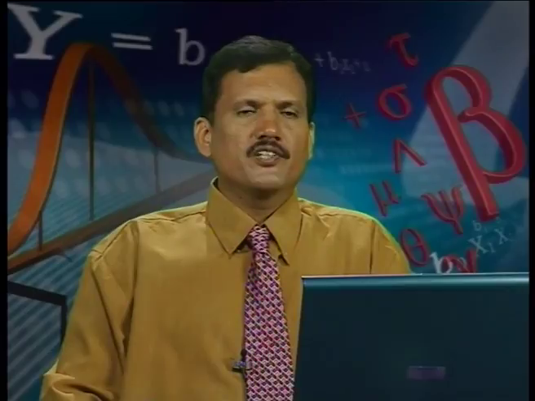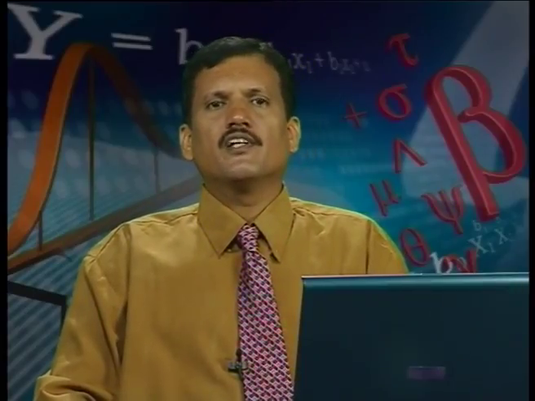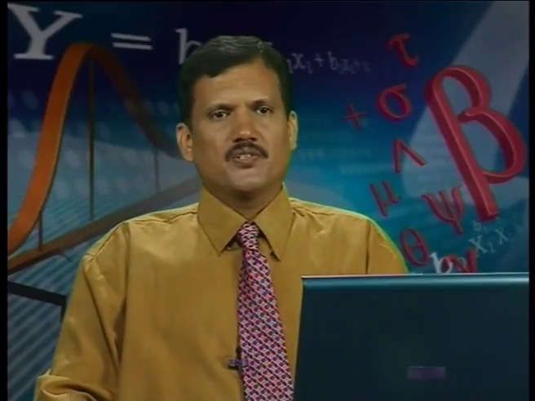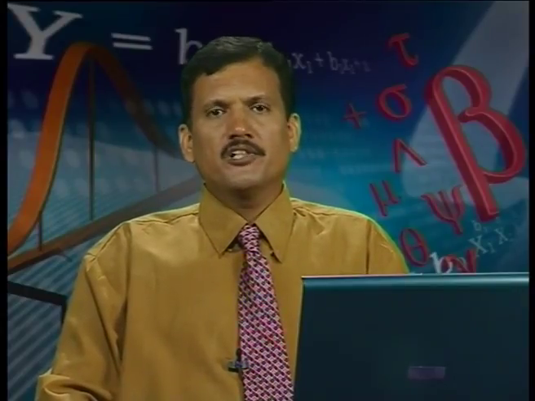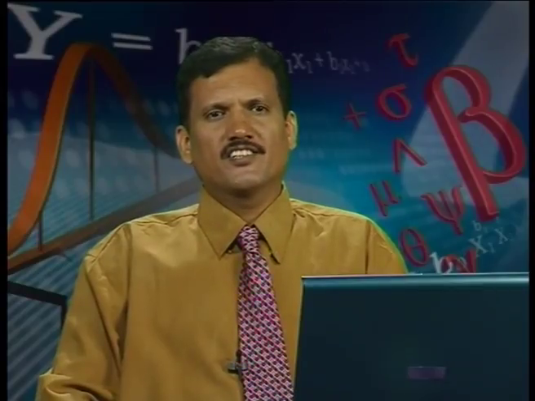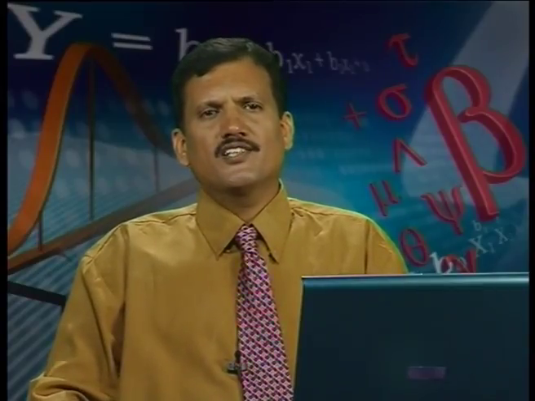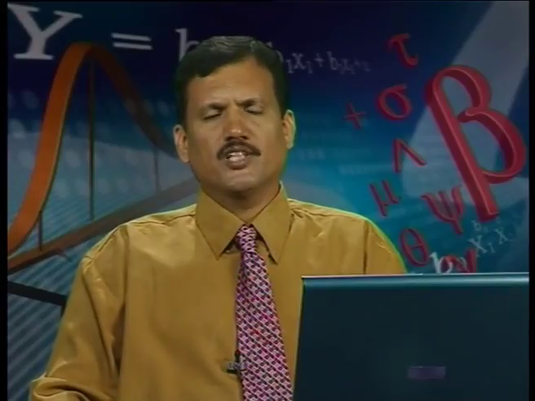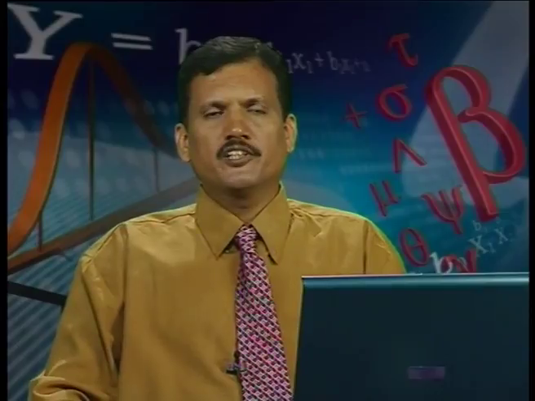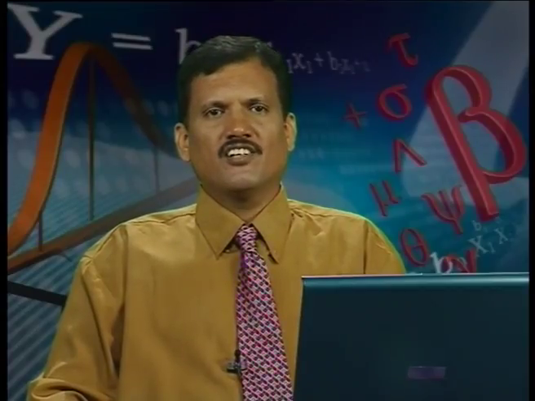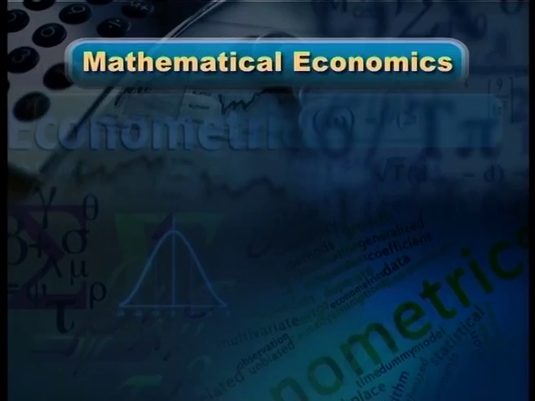Then what is B0? B0 is a constant term. The quantity demanded for a commodity without these 4 factors, some constant demand, some constant figure will be there. That is why we put B0 as a constant term. Remaining are all variables that can change.